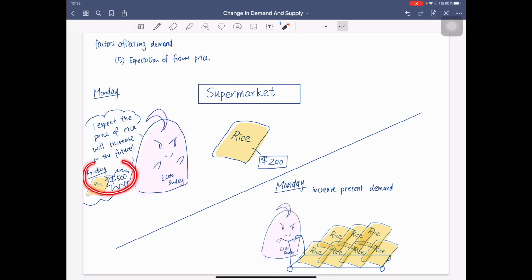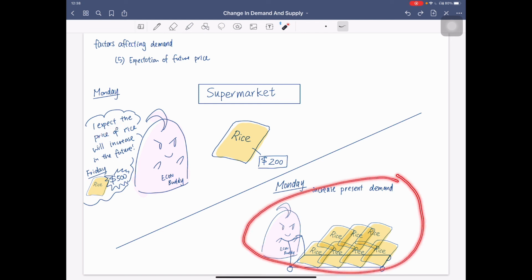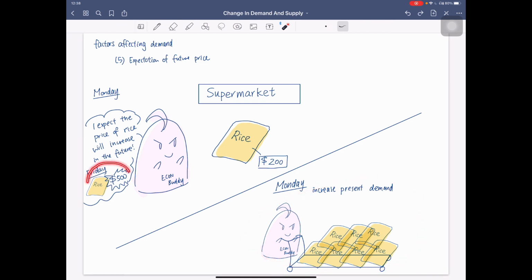So on Friday, the price of rice will be $500. It's their expectation. It will lead them to increase the present demand because they expect the price in the future to be more costly. So they will buy a lot now, increasing their present demand.